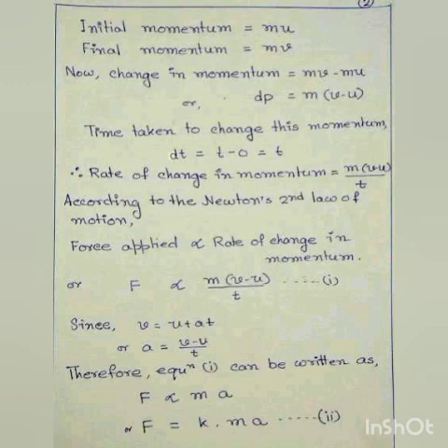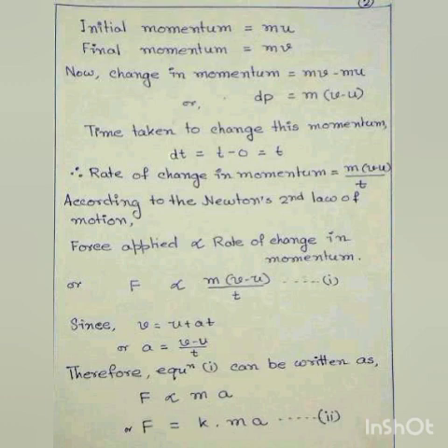So in place of v minus u by t, we can write a. So just substitute v minus u by t is equal to a. What will we get? The equation 1 can be written as F is directly proportional to m into a.